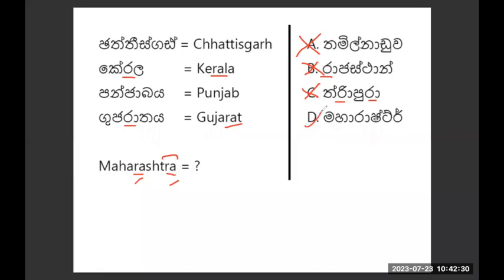You're left with D to be the correct answer. Here you see Ra comes here and Ra will come here too, but the Tra one, because there is a vowel mark on top. Is that clear? So that's why option D will be the correct one.